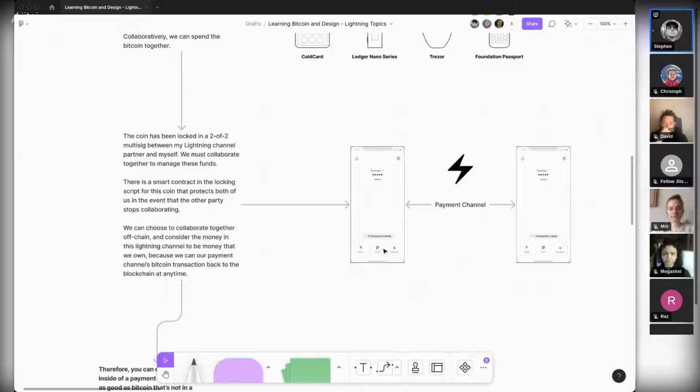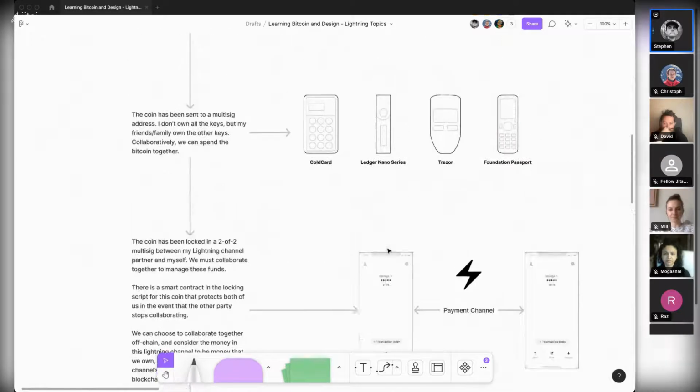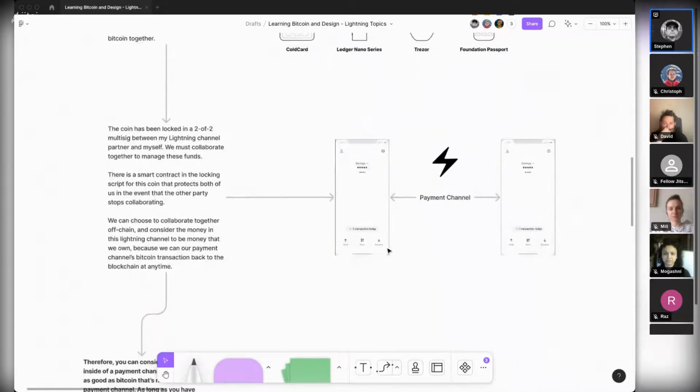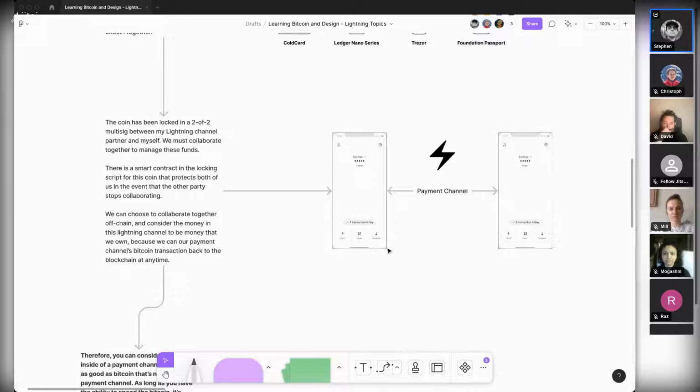that ownership of coins in a Lightning channel is, just like this whole evolution I've been showing you, that ownership of Bitcoin is not just as simple as owning the keys. You can also have these highly customized financial arrangements. And that's exactly what a Lightning channel is.